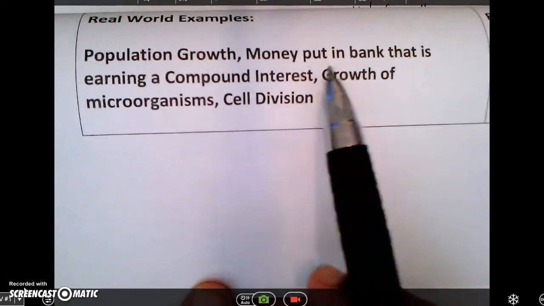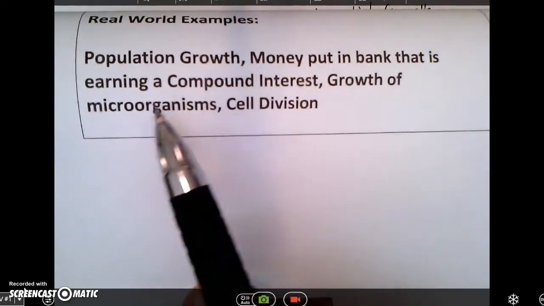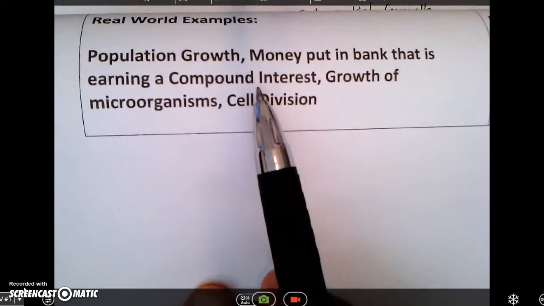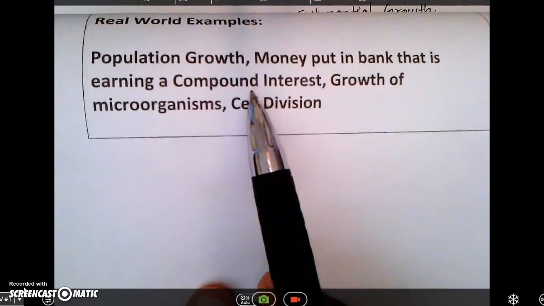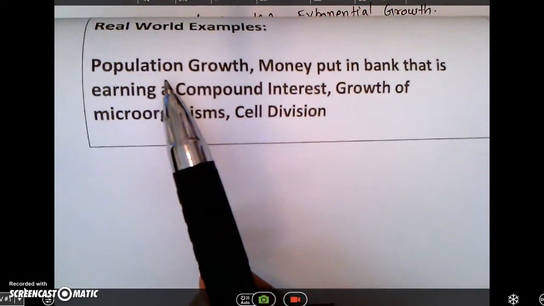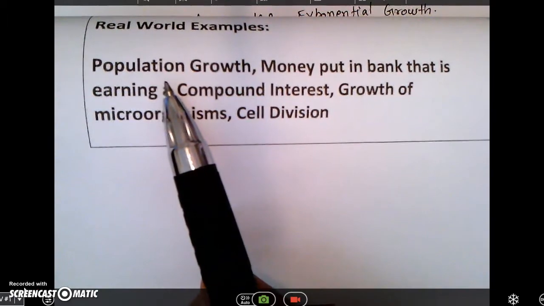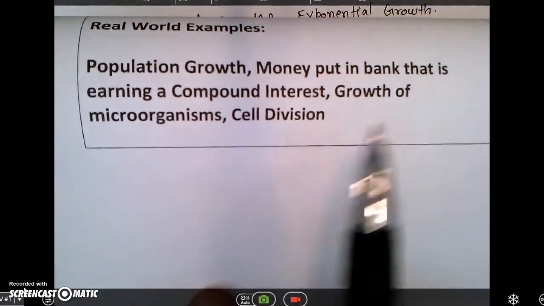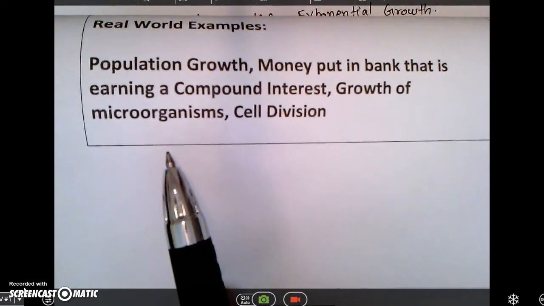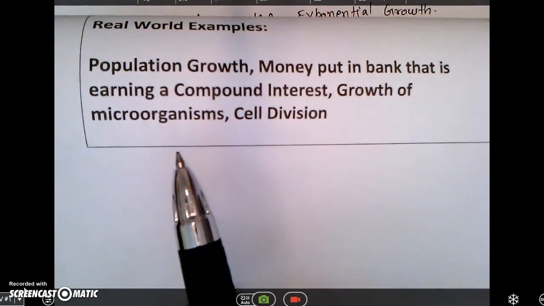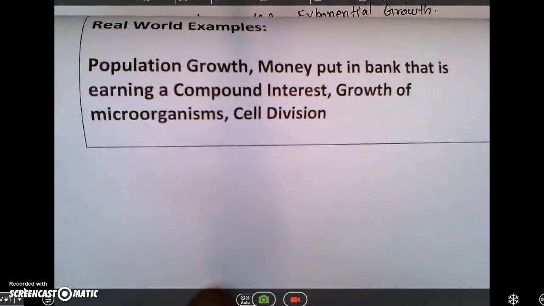The money that I put in a bank that is earning compound interest is an example of an exponential growth function. Also, the population growth of a town can be modeled using an exponential growth function. The growth of microorganisms in a petri dish can be modeled using an exponential growth function.